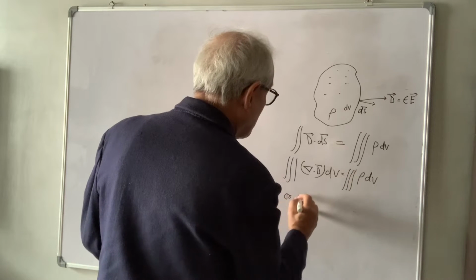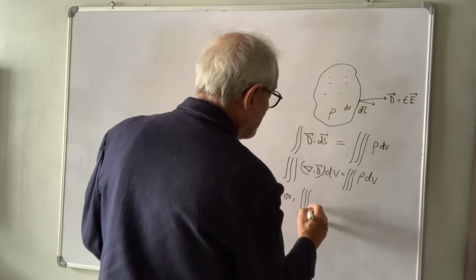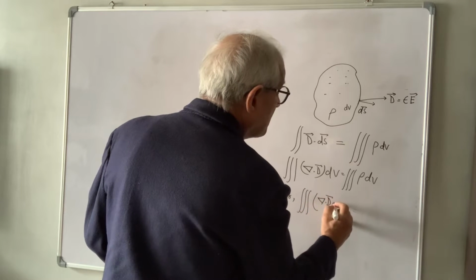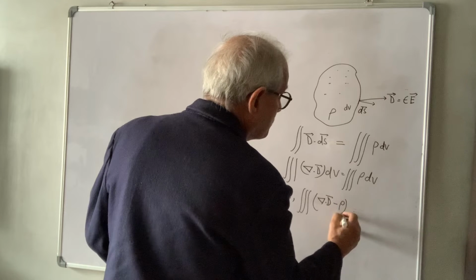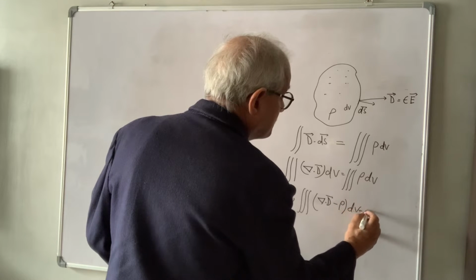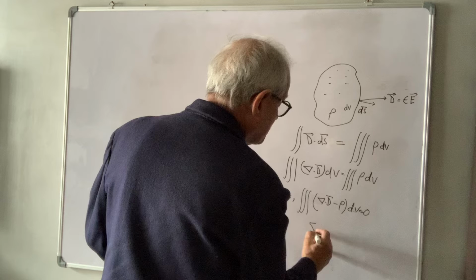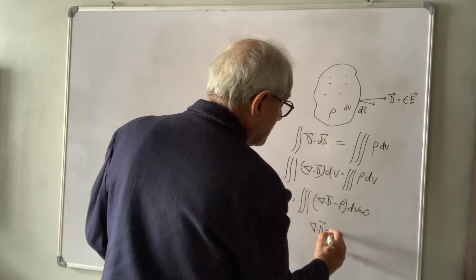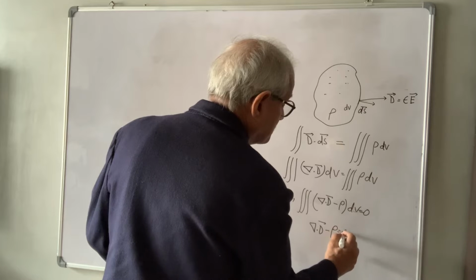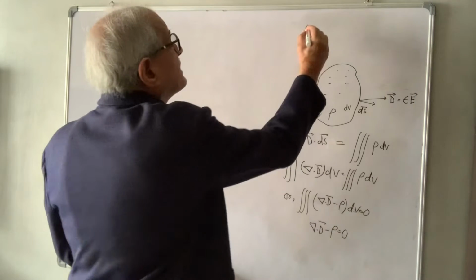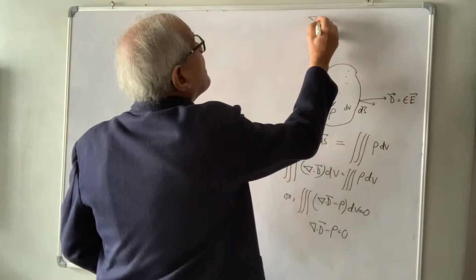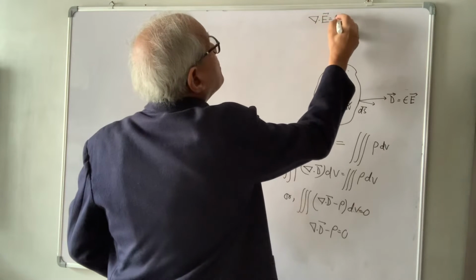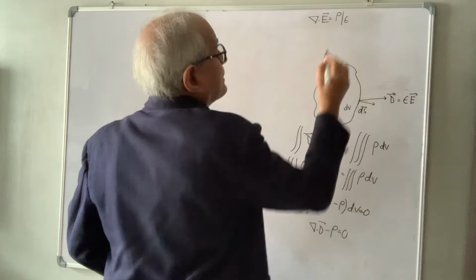Or the volume integral of (divergence of D minus rho) dV is equal to 0. This gives divergence of D minus rho is equal to 0. This we can write as divergence of E is equal to rho by epsilon.